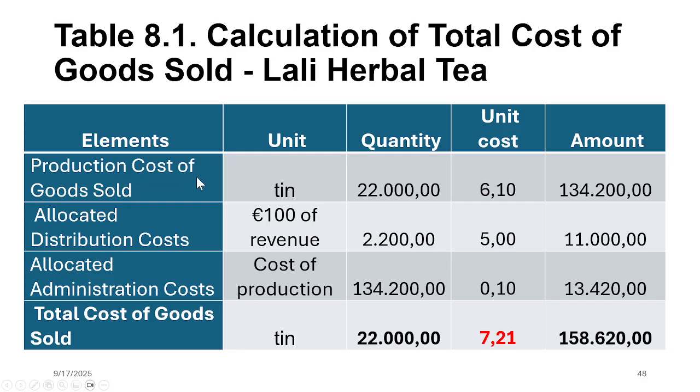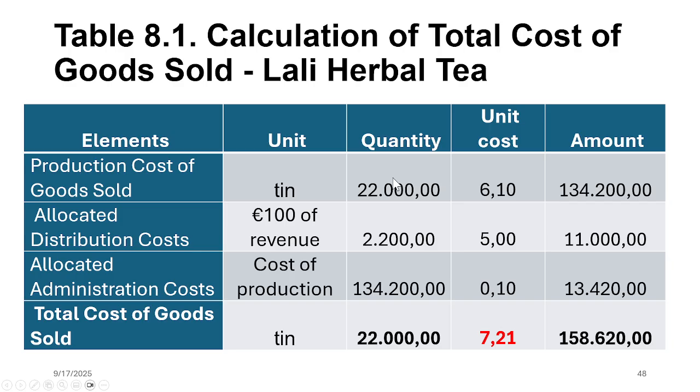So now you know that I always ask you to pay attention to the units, right? The unit is different for each type of cost. So first we look at the unit driver of the production cost of goods sold, which should be in tins, right? So the quantity when we sell is 22,000, right?